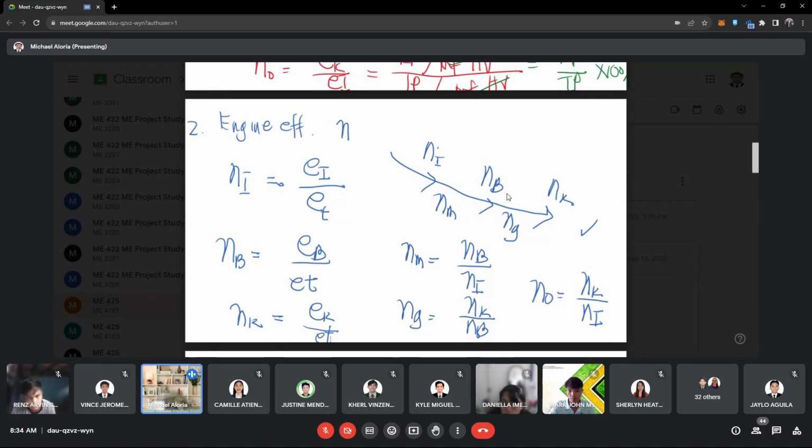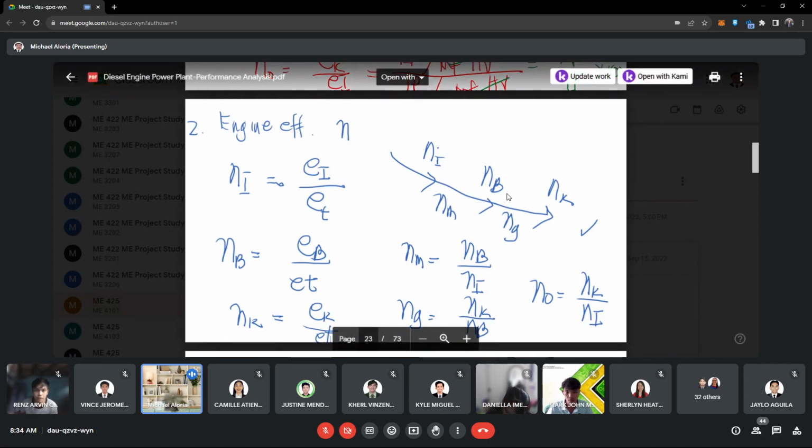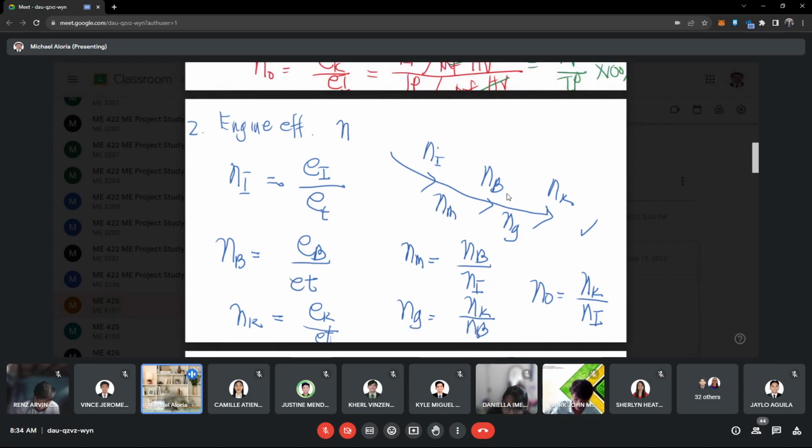Okay? Ganun din yung iyong brake engine efficiency. This is a function of your brake thermal efficiency over your plant thermal efficiency or overall thermal efficiency. Okay? And then combined is your combined thermal efficiency over your plant thermal efficiency.